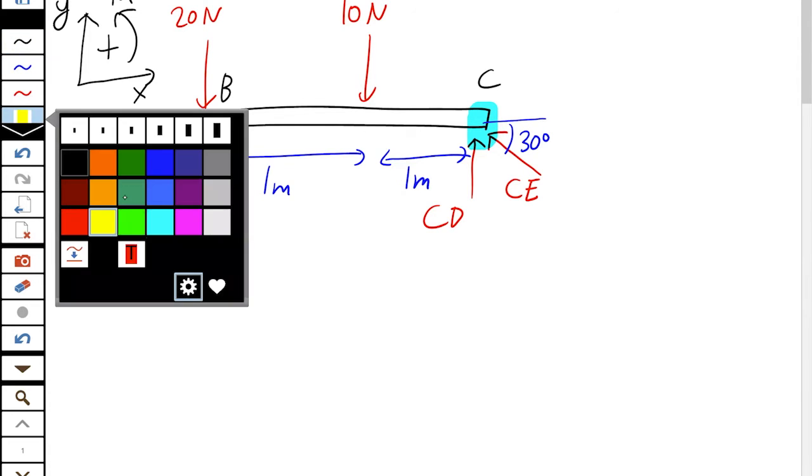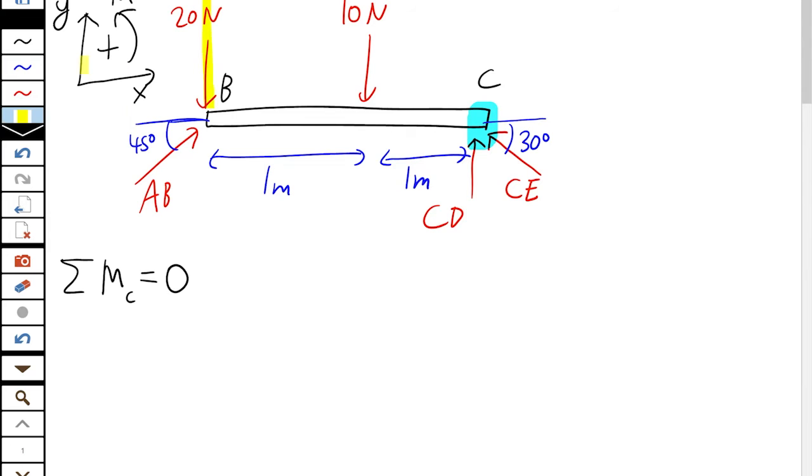So let's go through those. First, we have 20 newtons, a perpendicular distance of 2 meters from C, and we can see that's turning counterclockwise around C, which is positive.